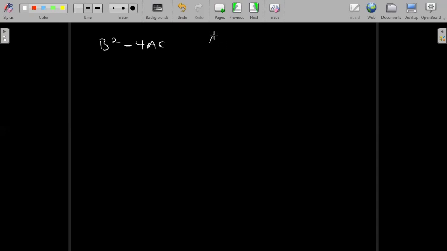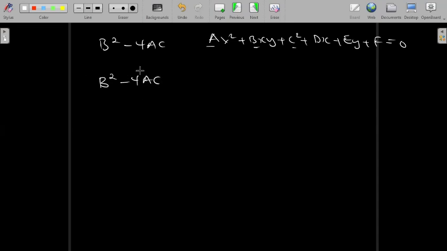In general, we have ax squared plus bxy plus cy squared plus dx plus ey plus f equal to 0. So this is your a, that's your b, that's your c. You replace here and work it out. Our concern is b squared minus 4ac.